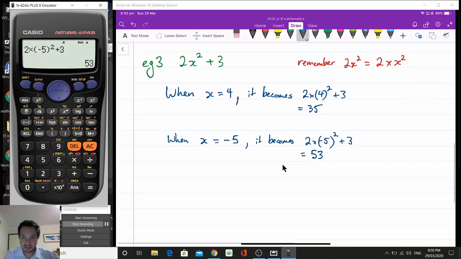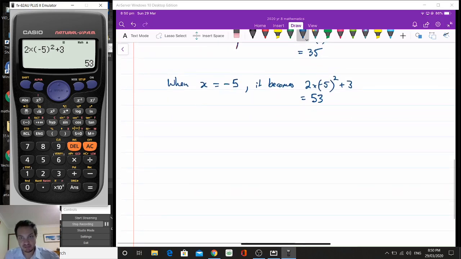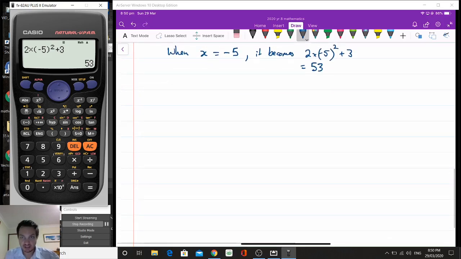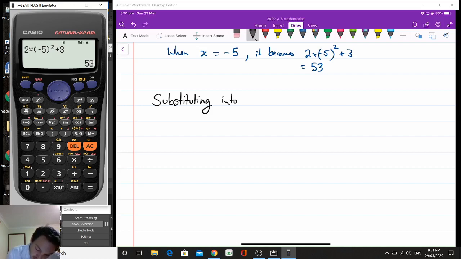Okay, now let's have a go with putting this in some formulas. So e.g., substituting into formulas. Okay, please have the heading, substituting into formulas.